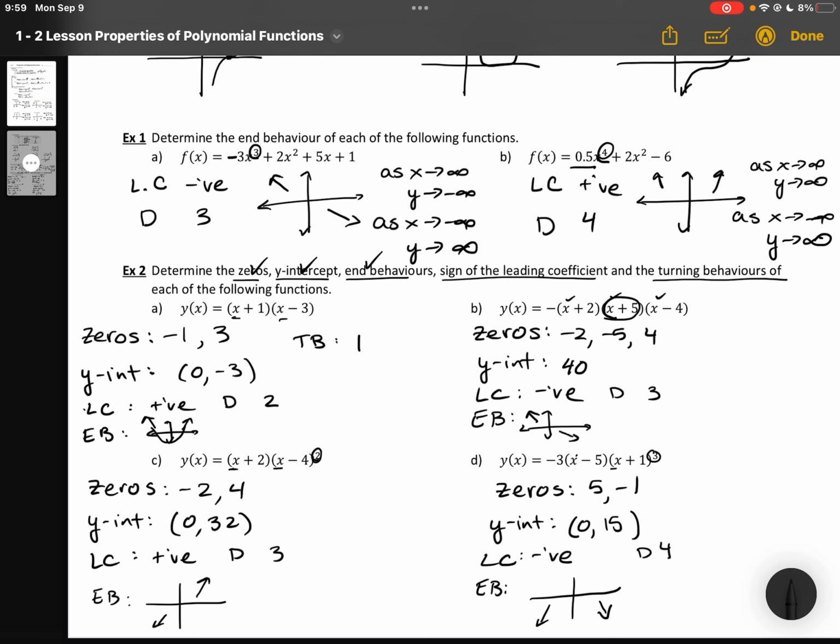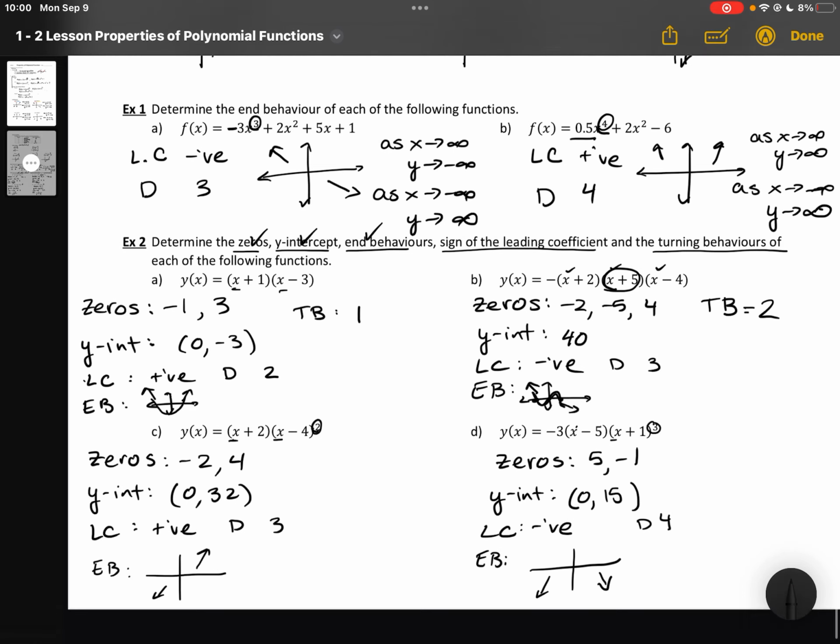In my second one, I've got a cubic, so at most I can have 2 turning points. And I do in this case, because I'm actually going to have 3 distinct zeros. When I fill those in on my end behavior sketch, if I cross the x-axis 3 times, I'm going to end up changing direction twice.